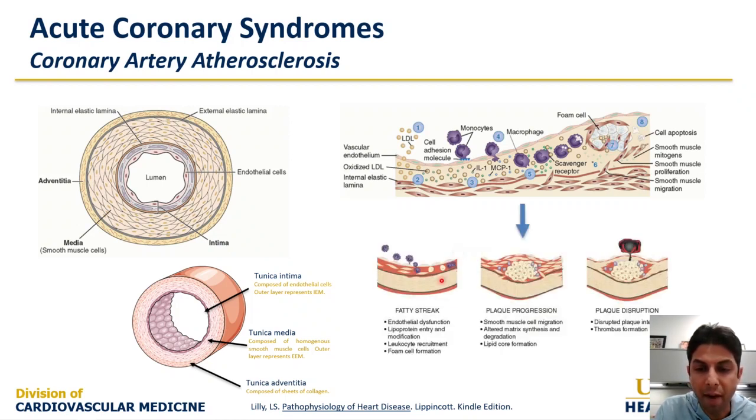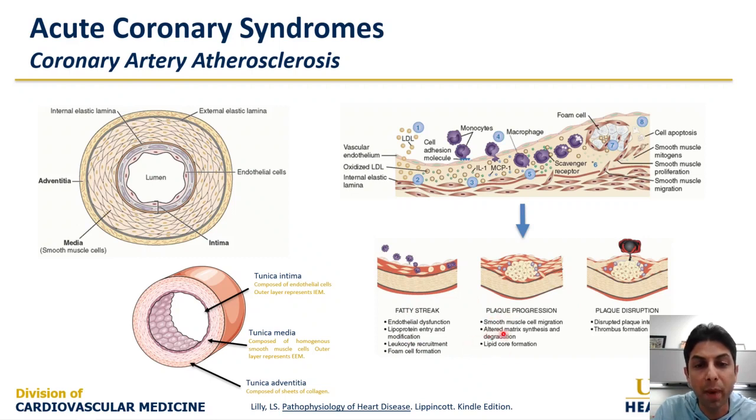So at this step, a fatty streak evolves into a fibrofatty lesion. So shown here is a fatty streak. And that's associated with endothelial dysfunction, lipoprotein entry and modification, leukocyte recruitment we've talked about, and certainly foam cell formation. So this can develop as early as in the 20s. And then when we go from a fatty streak, we undergo plaque progression.